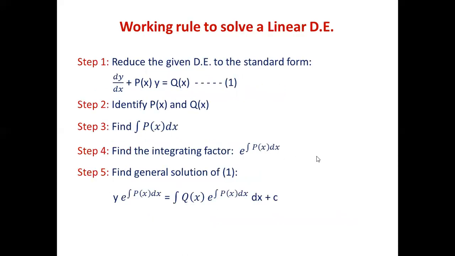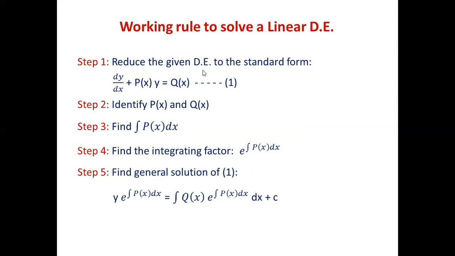Let us now see the working rule to solve a linear differential equation of this kind, where y is the dependent variable, x is the independent variable. In general, when a differential equation is given, you have to identify whether it is first order and first degree. If so, to solve it as a linear differential equation, you have to reduce it to standard form.